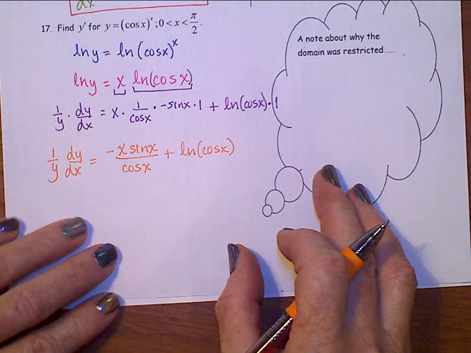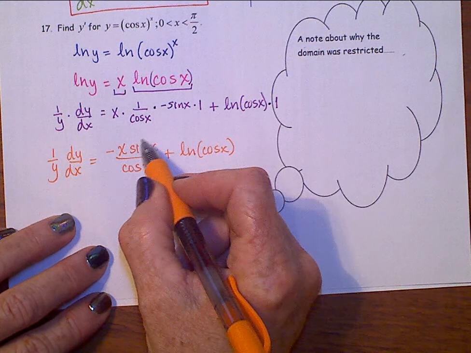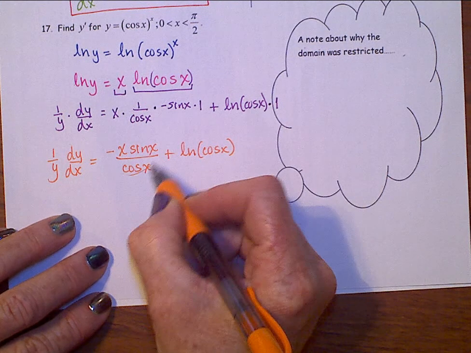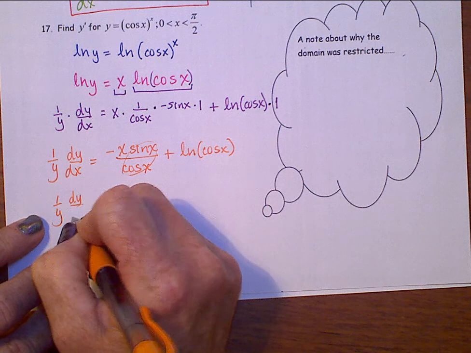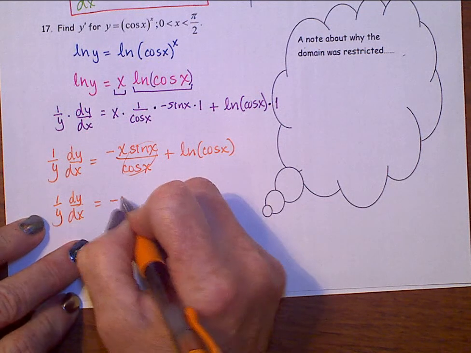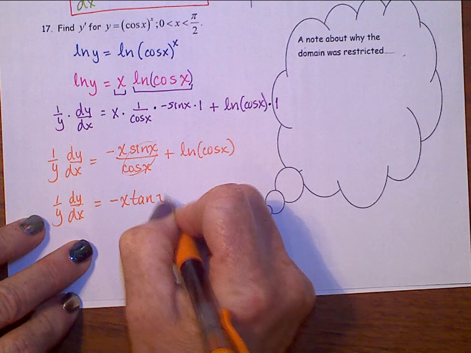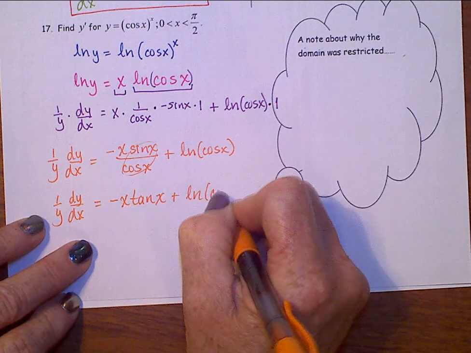And I think I would do another step of simplifying here and look at this sine over cosine and make that a tangent. So we have 1 over y dy dx equals negative x tangent x plus the natural log of cosine x.